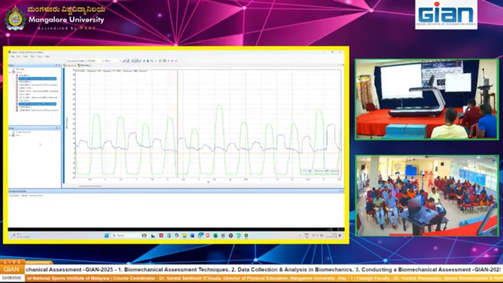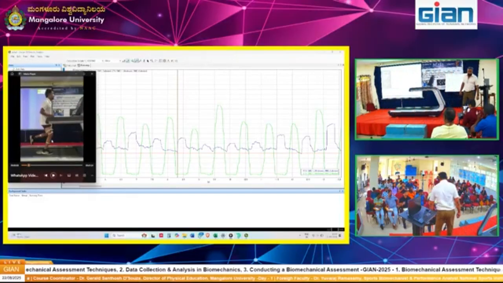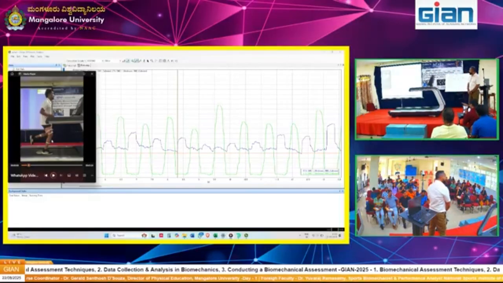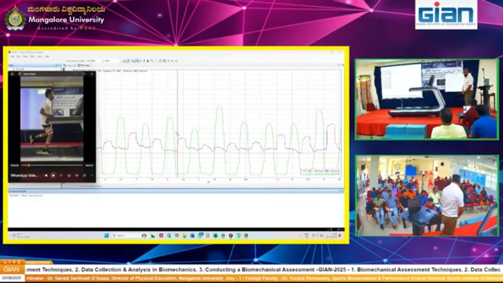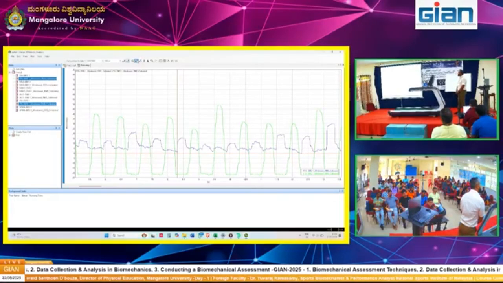This is usually where the highest activation of tibialis anterior happens. So this is the 9 second mark. In this position in the video, you can see the pointer here, somewhere here.